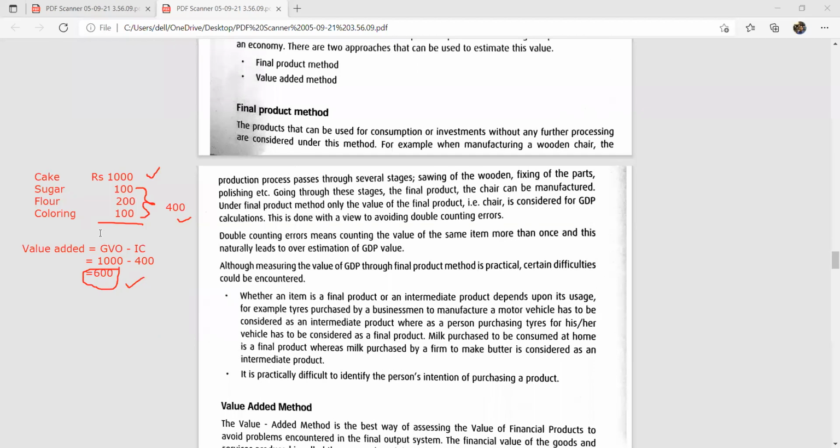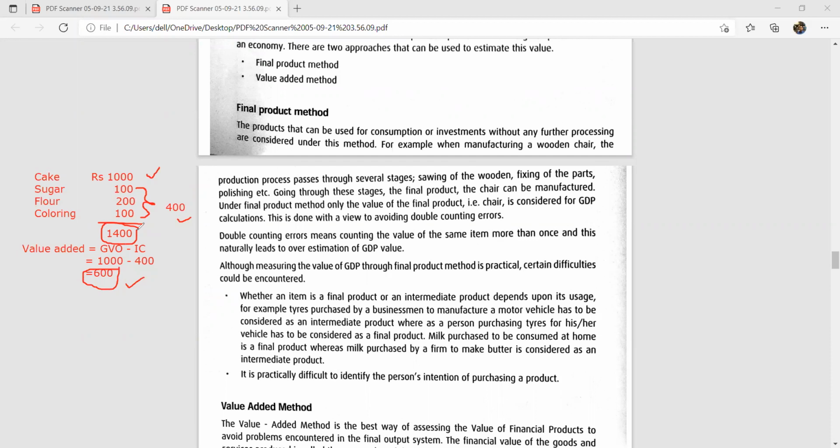Now it is 1,400. This is wrong. This value, 1,400, is called multiple counting error or double counting error. It's an error. Why? The value of sugar is recorded twice. 100 recorded twice.